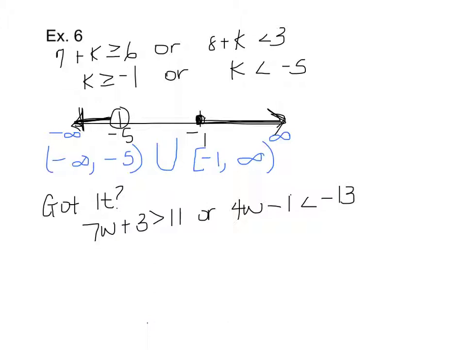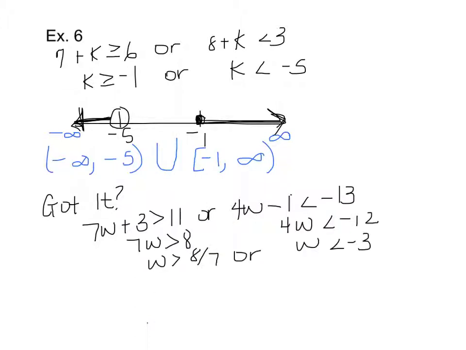Okay. Give you time to try it, and then we'll check our answer. Okay, in this particular problem, when you solve it, you're going to get w is greater than 8/7, or w is smaller than -3.